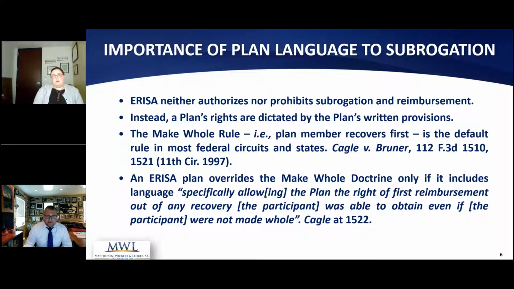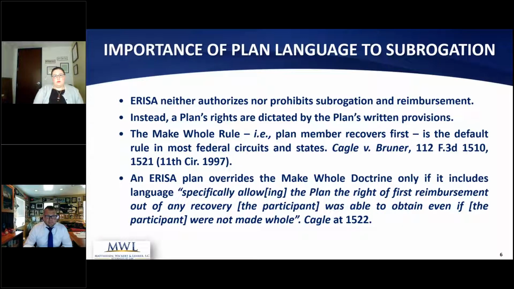You may hear a lot about ERISA preemption, and we could talk about that as it relates to self-funded versus fully insured, but no amount of ERISA preemption is going to save you from a plan that has poorly drafted language or that is simply out of date. Ultimately, there's not going to be anything to preempt, because the language doesn't necessarily cover made whole, or the common fund, or any of the other issues that will come up in the case.